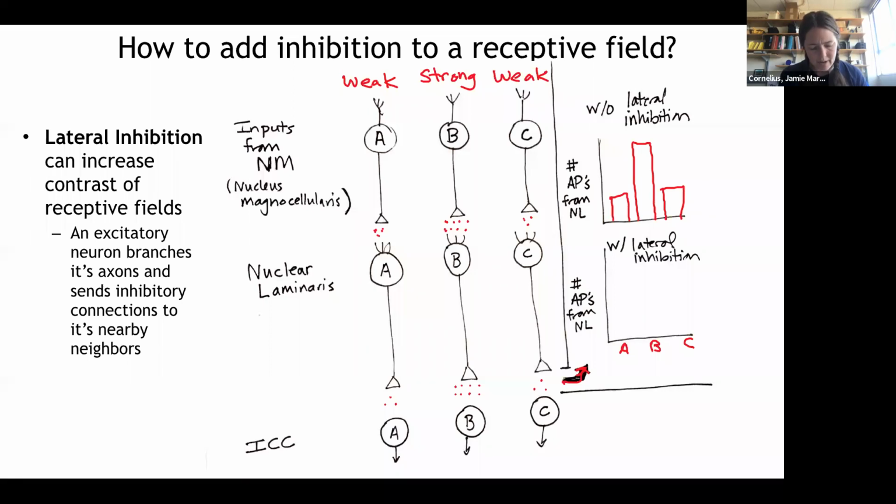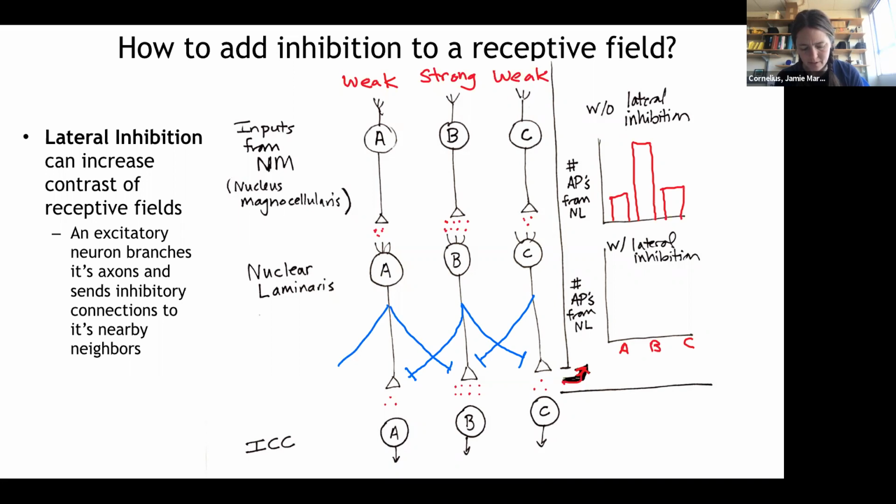Now I'll draw what happens with lateral inhibition in a different color. So we have these signals coming in from the nucleus magnocellularis. B is more excited, A and C are weakly excited. But what the nucleus laminaris might do is send inhibitory projections to neighboring neurons.